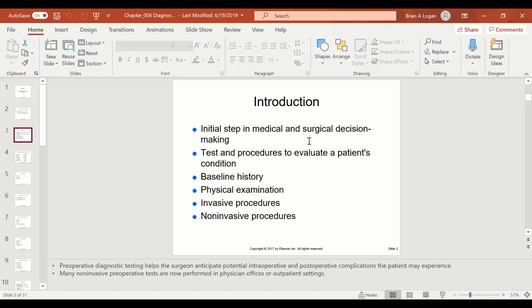Or it'll be exploratory laparotomy with liver laceration. We're making a big open incision, but we're going to go in and repair that liver laceration. That makes it no longer diagnostic. If it says possible and you go in and you don't do any of those possible things, it was just a diagnostic procedure.